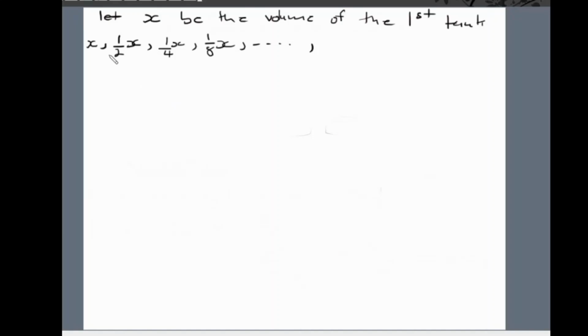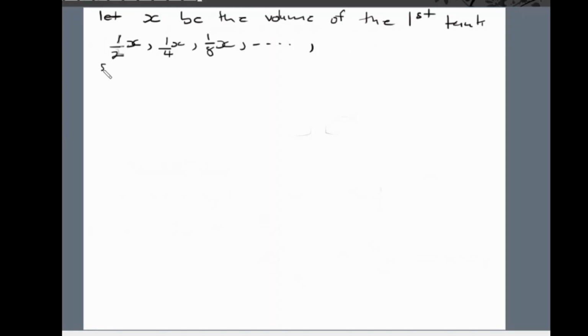So let us discard this first one, right? Let us discard the first tank and then take the second tank as our first term, right? So this one will be our first term up to term number 19, right?